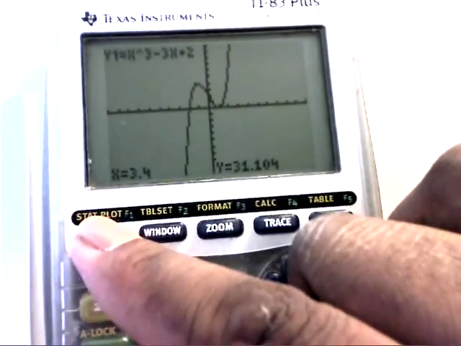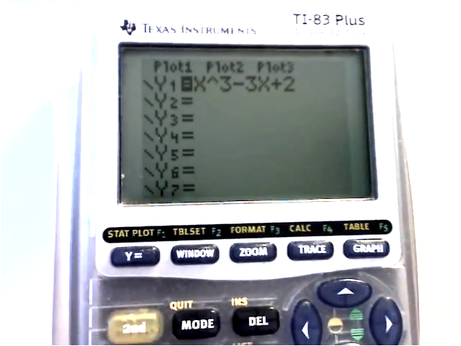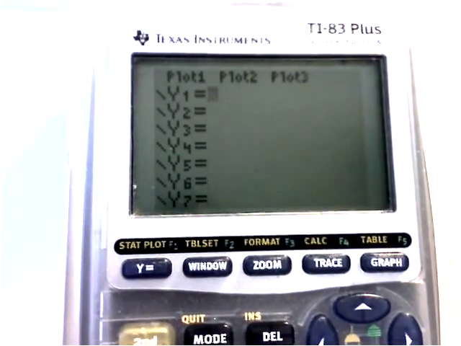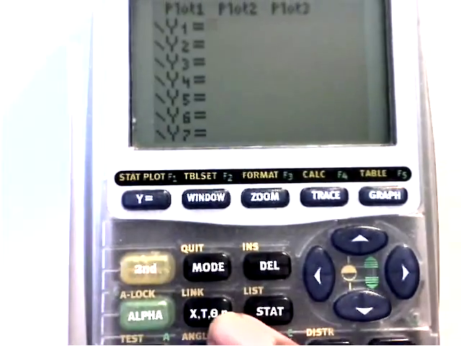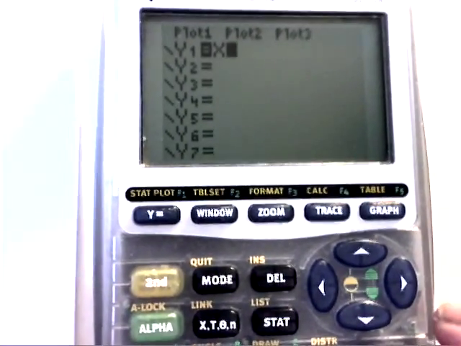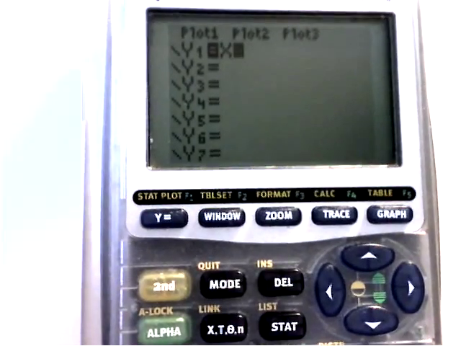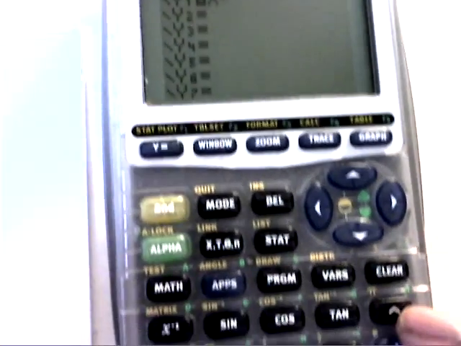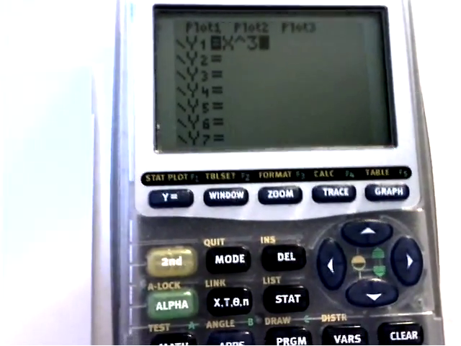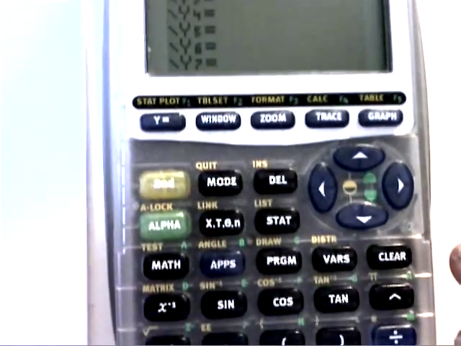We're going to go to y equals, and we're going to clear out this equation that we have in our calculator, and then type in x to the third using the X,T,theta key for x, and then your caret key for your exponent, and then 3. And by the way, the caret key is the key that's below the clear key.